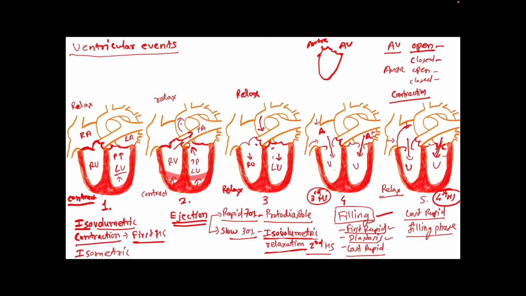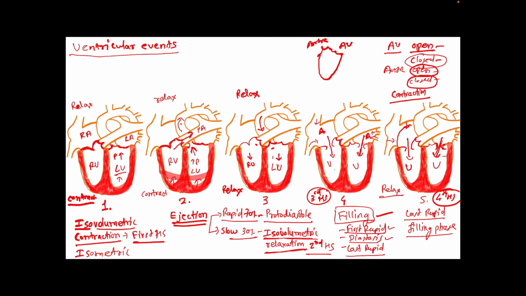As in isovolumetric contraction, the start is with the closure of this AV valve. So AV valve is closed during isovolumetric contraction phase. Then in the ejection phase, there is opening of the aortic valve, and the end of the ejection phase is marked by closure of this aortic valve.